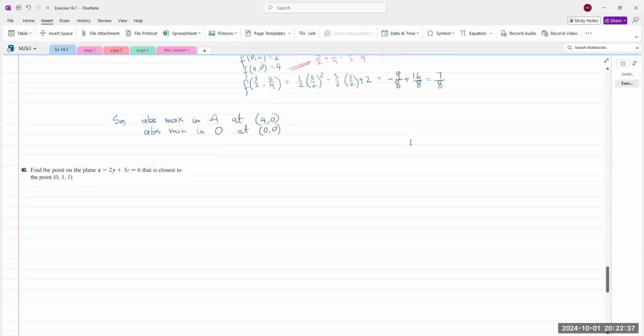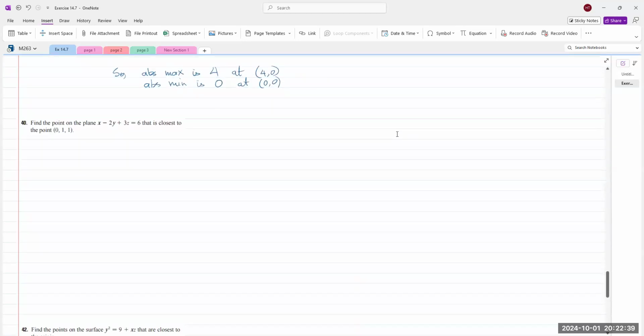Okay. Number 40. Find the point on a plane that is closest to another point outside of that plane. So let's say we have a plane x minus 2y plus 3z equals 6, and you have another point 0, 1, 1.